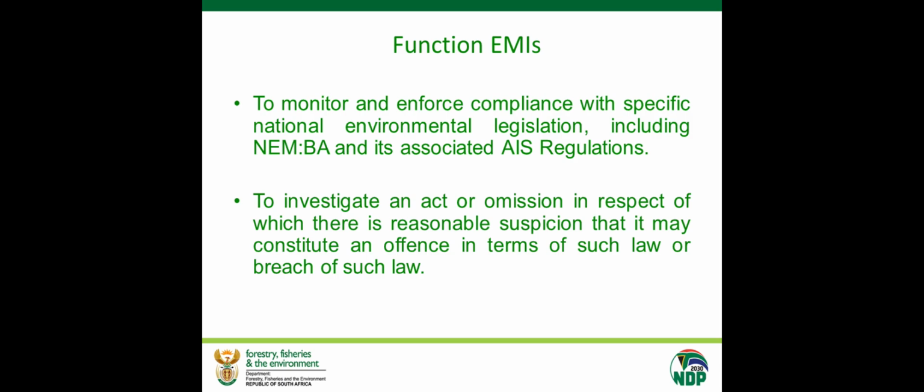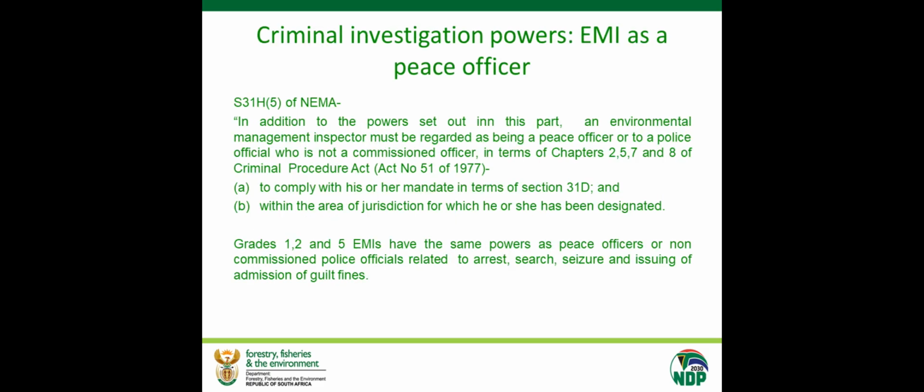What are the functions of the EMI? It is to monitor and enforce compliance with the specific environmental legislation, including NEMBA, the Biodiversity Act, and the AIS regulation, and also to investigate an act or omission where there is reasonable suspicion that it might constitute an offense. So we do the investigation.